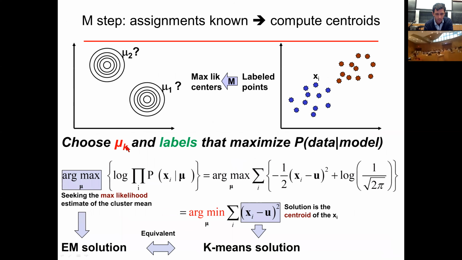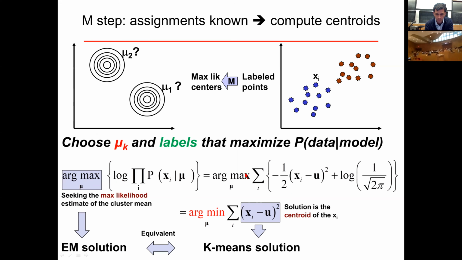So what I'm going to do is that I'm going to choose the set of centers and the set of labels that maximize the probability. And what I'm going to do is that I'm going to basically maximize over the possible center definitions this particular value, which is the log of the product of the probabilities of all of the points being generated from the corresponding centers. And then that's nothing more than the maximum of this Gaussian model.